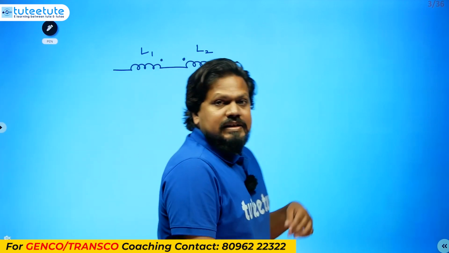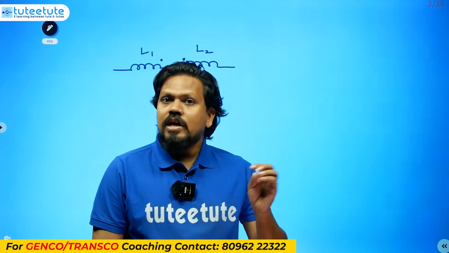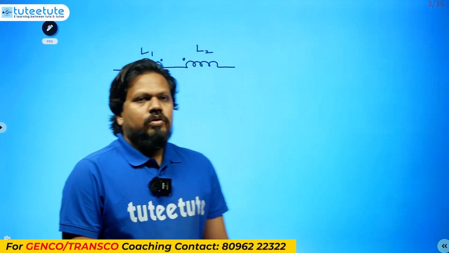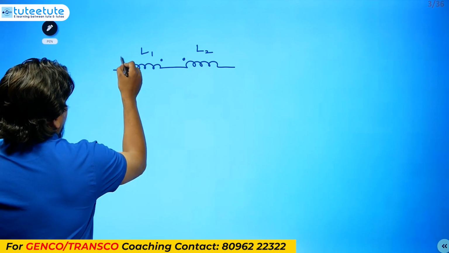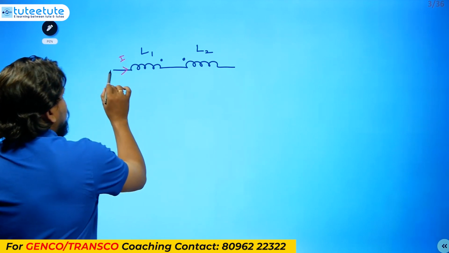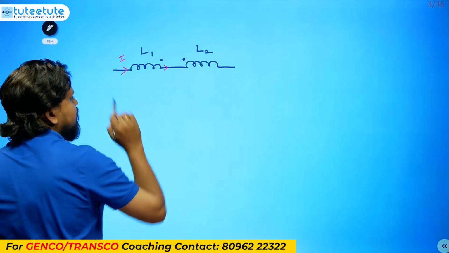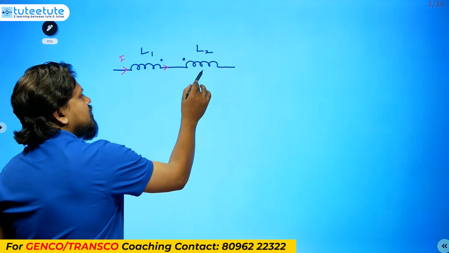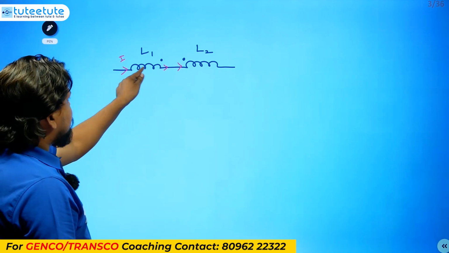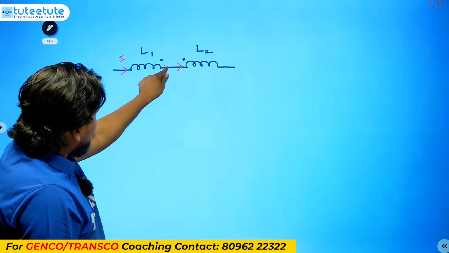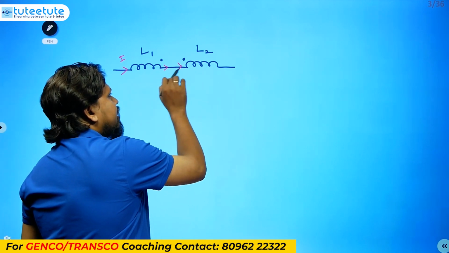Whether it is series aiding or series opposing, that we need to understand. The series connection we know, but how do we find aiding or opposing? If you send some current like this, in this inductor the current is leaving at the dot, and in the other inductor the current is entering at the dot.